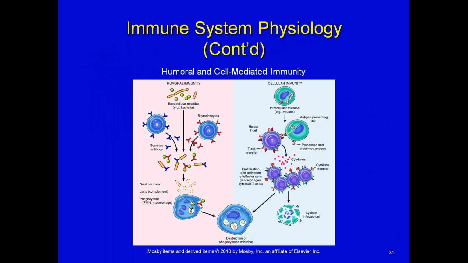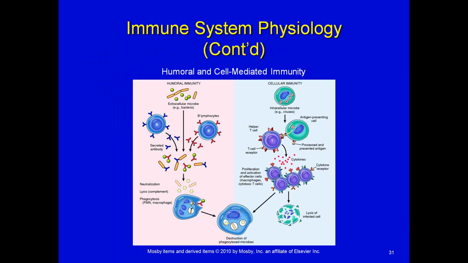With cellular immunity, you've got the intracellular viruses, and the T helper cells attach to the antigen cell and lyse the infected cell.